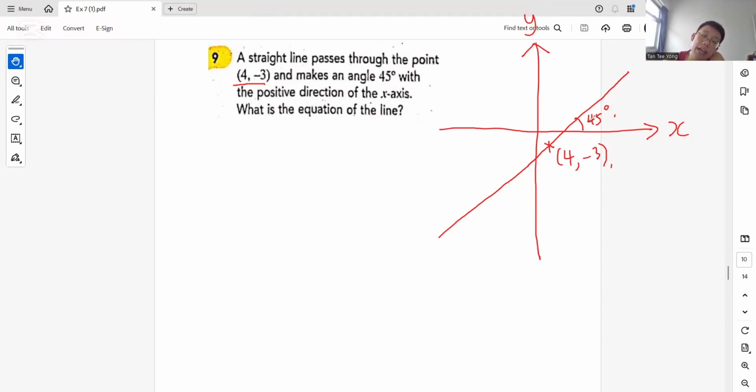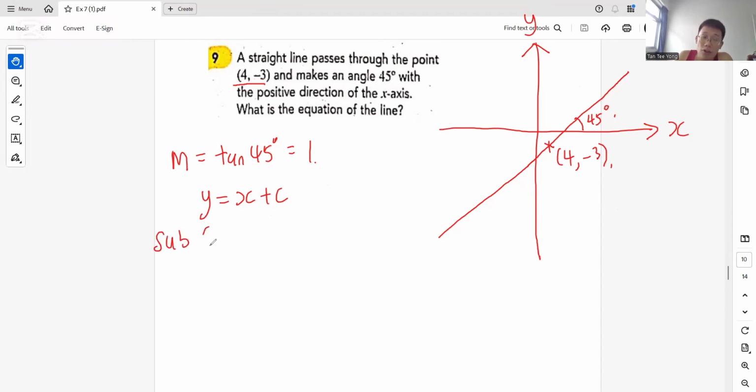So with the angle 45 degrees, we can actually find out the gradient. The gradient is equals to tangent 45 degrees, which is equals to 1. So our equation is y equals to x plus c, 1x plus c, but I'm not going to write the 1. So what do we do?